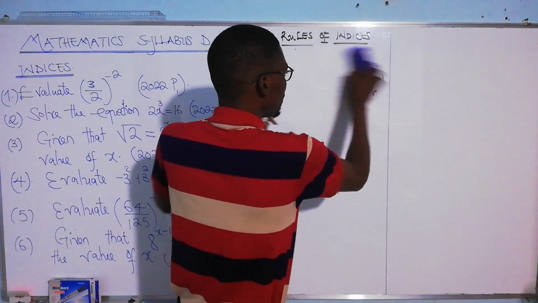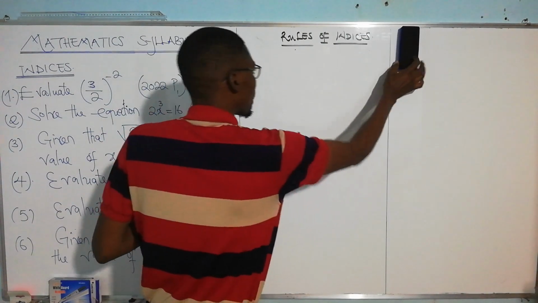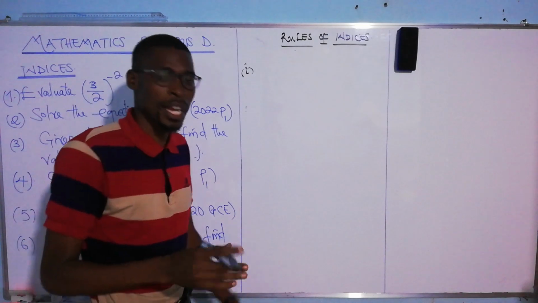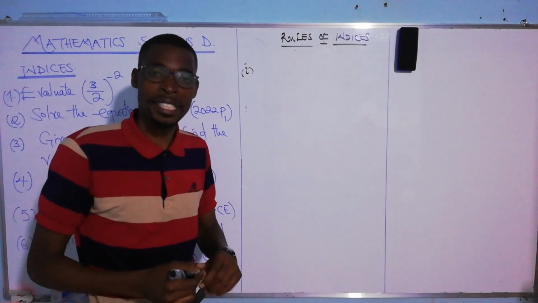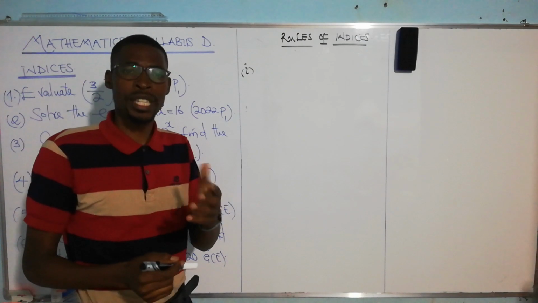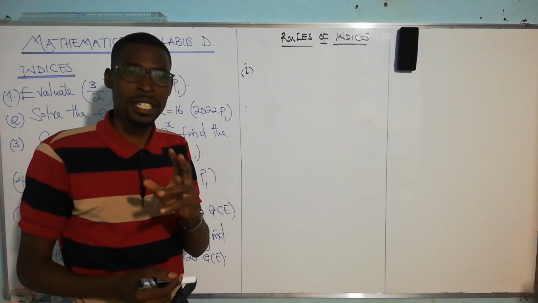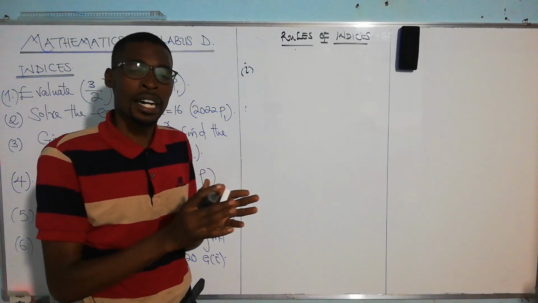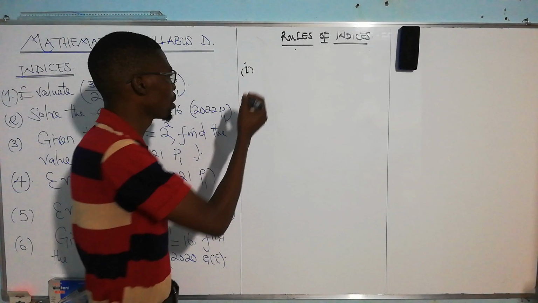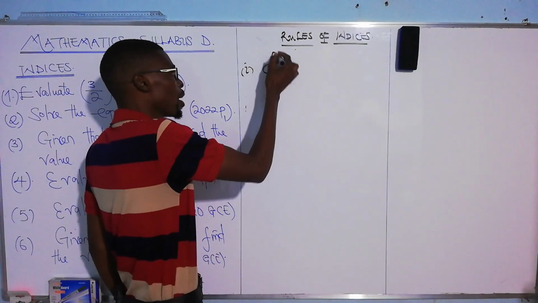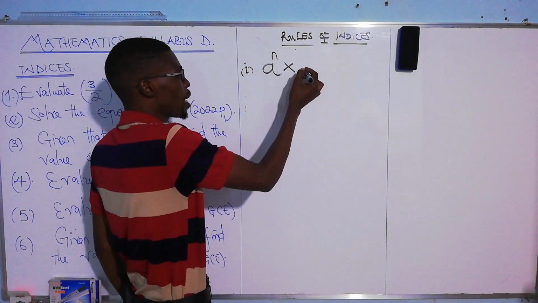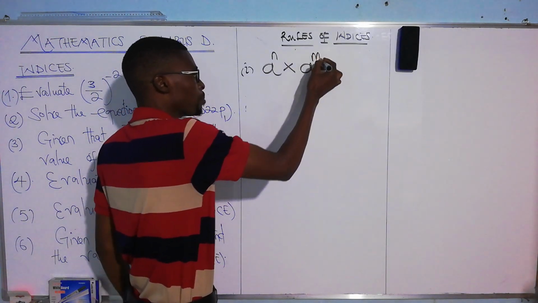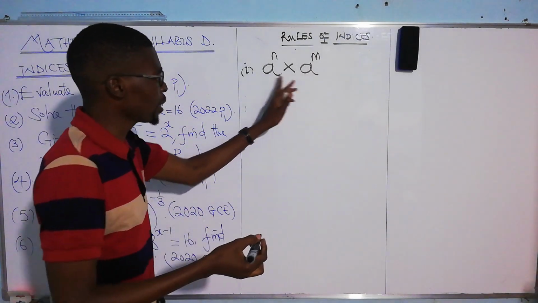Now, the first rule of indices tells us that when you're multiplying two indices having the same base, regardless of the exponents being different or the same, you just maintain the base and add the exponents. So a to the power n multiplied by a to the power m: you can see here that the bases are the same.